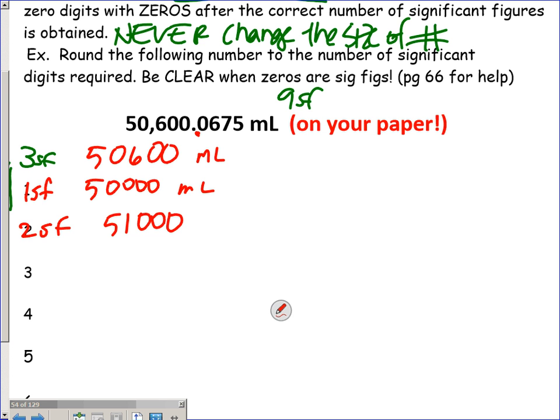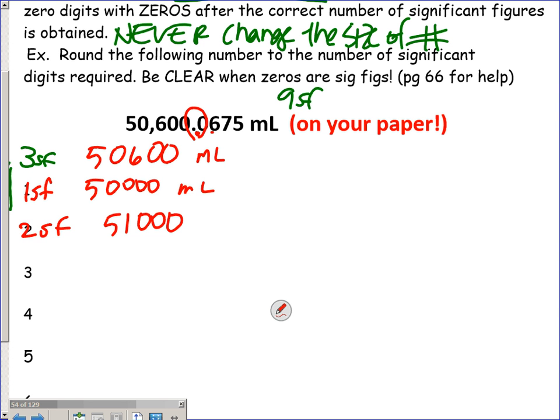Why do you use the 1? Because if the number after where you're interested, so if I'm interested in this number, I have to look at the next number to see if it's going to round this first number up. If this following number is greater than 5, it rounds up. If the following number is less than 5, it stays where it is. And they say round down, but it's just going to stay what it is.